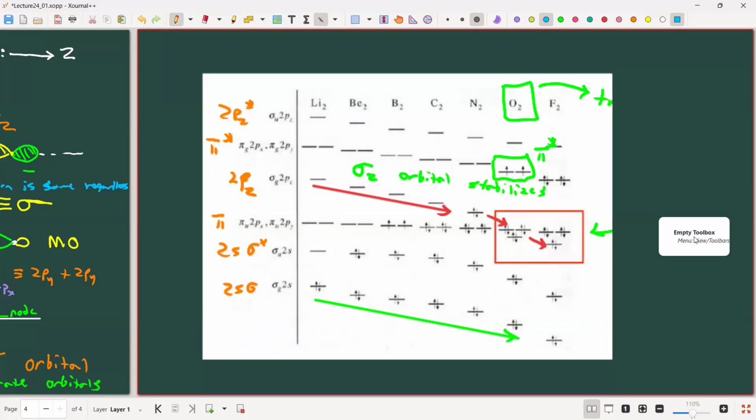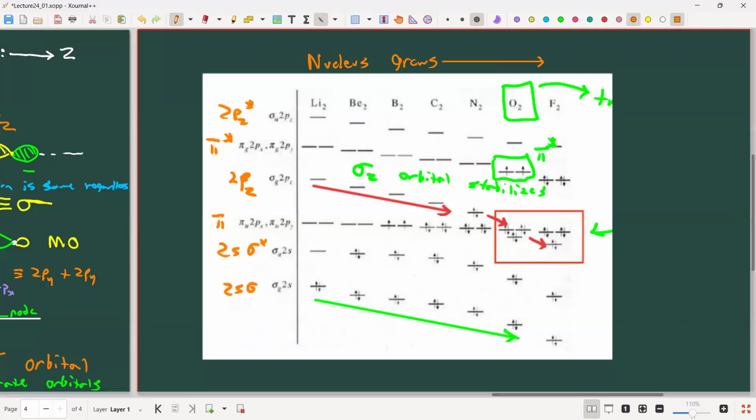Notice that in the 2s orbitals, as I go across the periodic table, what am I doing? I'm adding more and more protons into the nucleus, so the nucleus becomes stronger and stronger. The nucleus grows in this direction. That means the positive charge is stabilizing the electrons even more, pulling them in deeper. We see that in the core.